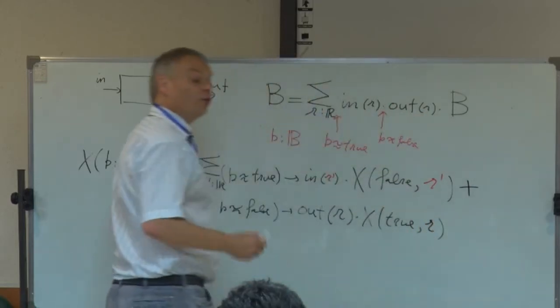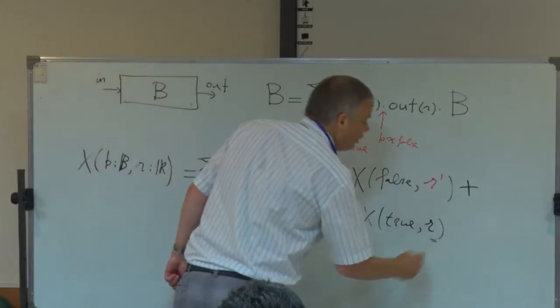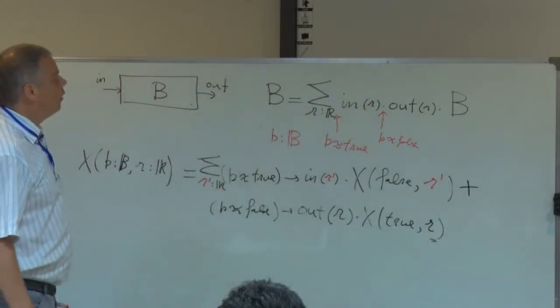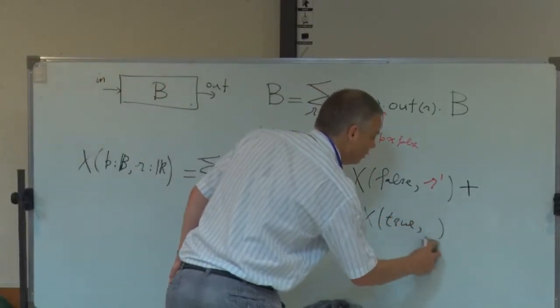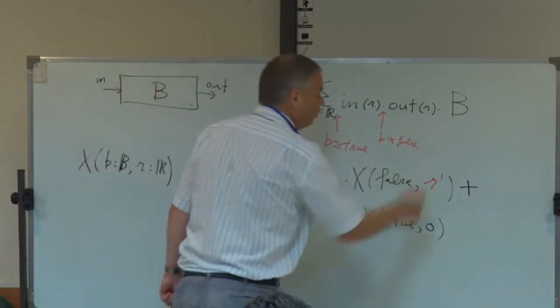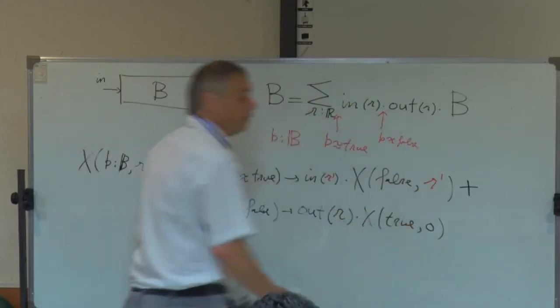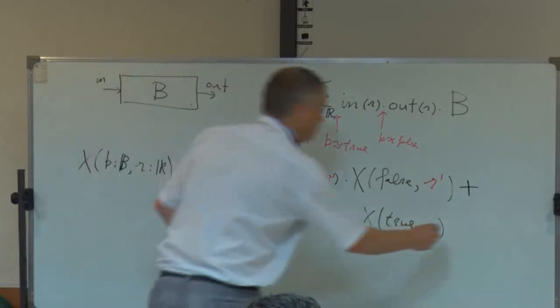It turns out that if you really want to generate compact state spaces, then this r could better be set to a default value. So maybe we simply set it to 0, because we will not use it anyhow, and if we leave r there, then the state space will be bigger than necessary.